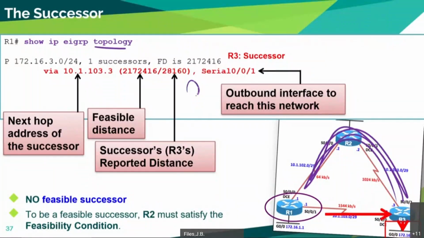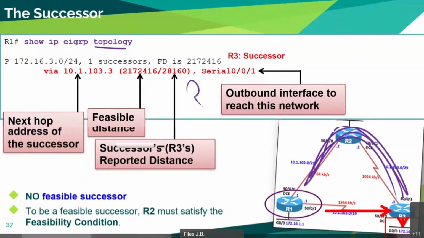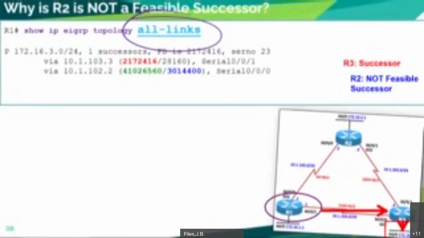Why isn't it here? Well, this command only shows valid links. If we want to see all links, even potential loops, we have to add the all links keyword. Okay. So now if we did the all links keyword, and again, this isn't all the output, just for this subnet. Now we can see that path.